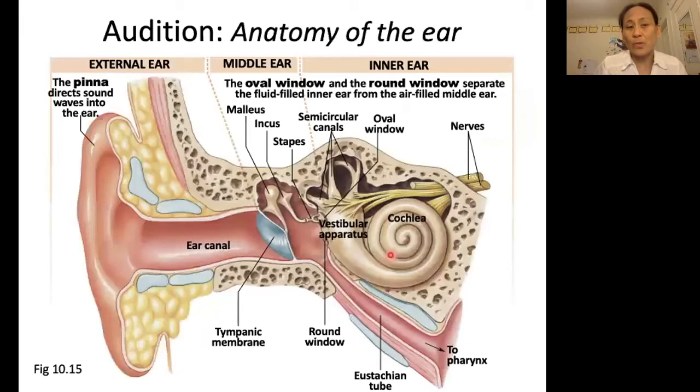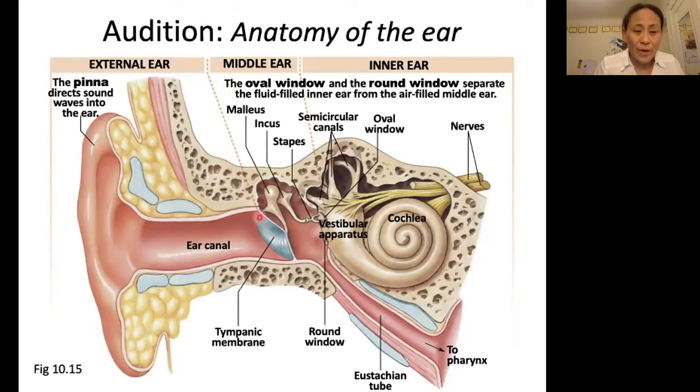So let's take a closer look at the ear. I know this is kind of a messy looking figure, but oh well, it is what it is. The ear has three main parts: the external ear, the middle ear, and the inner ear. The external ear consists of this part out here that you usually see, and the ear canal.